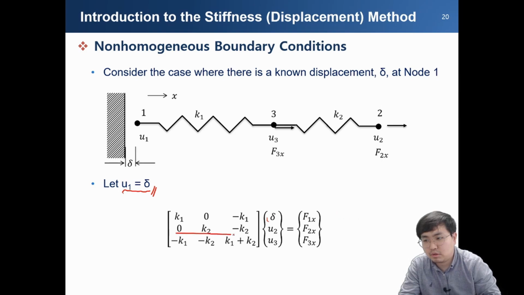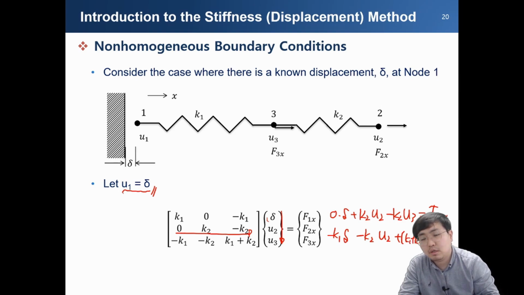I'm going to write down this one and this one. 0 delta plus k2 u2 minus k2 u3 equal to f2x, and then here minus k1 delta minus k2 u2 plus k1 plus k2 u3 equal to f3x.